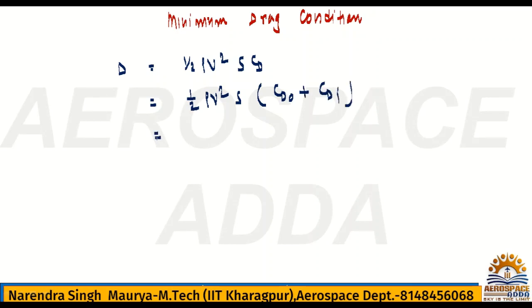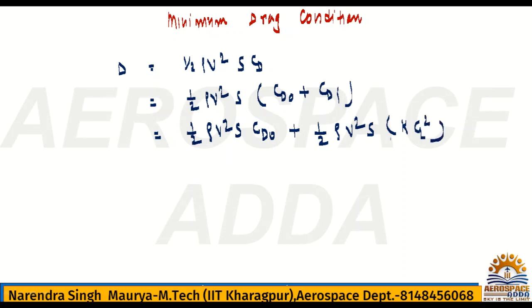So you just break it: half rho V square S CD naught plus half rho V square S into CDi. And what is the CDi? It is K CL square.